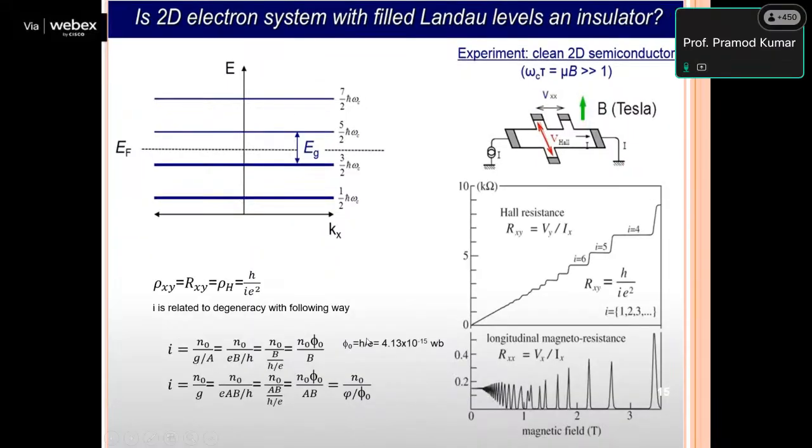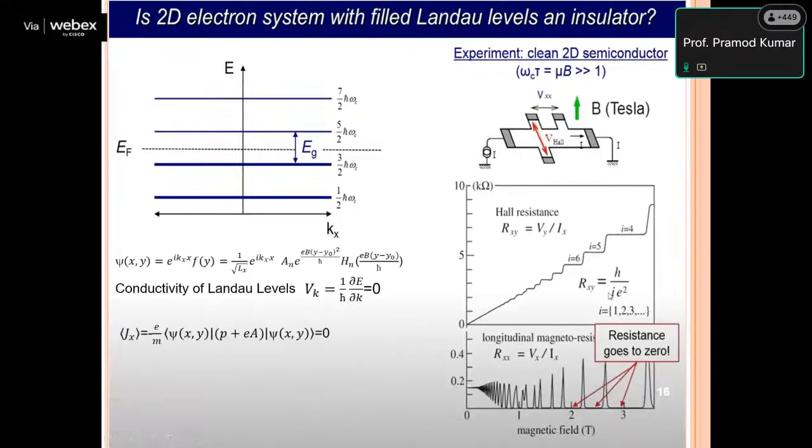At least primarily, we can easily explain this property by taking this phenomenon into account. One more point: if the group velocity is zero, what about the current density? If you calculate that, you will find it is also zero.